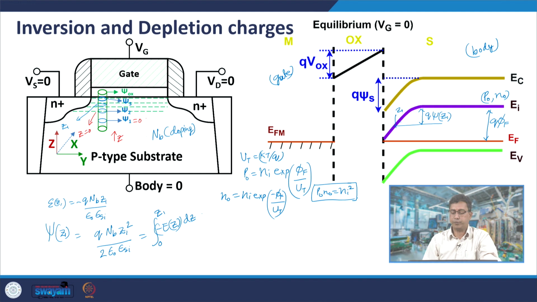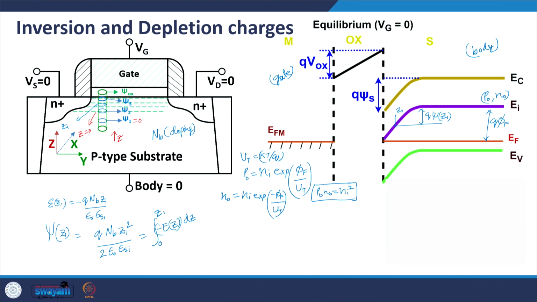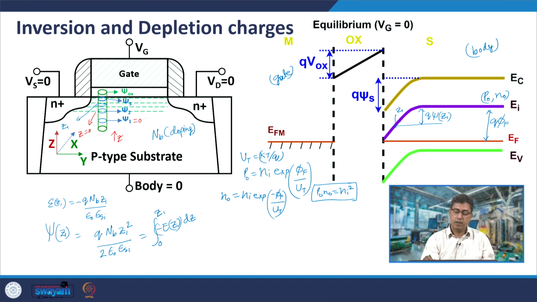Okay. So, as you move into the depletion region in this direction, what is the value of p and n? Let us now distinguish it, let us call it pp. pp is ni exponential of phi f minus chi by ut.